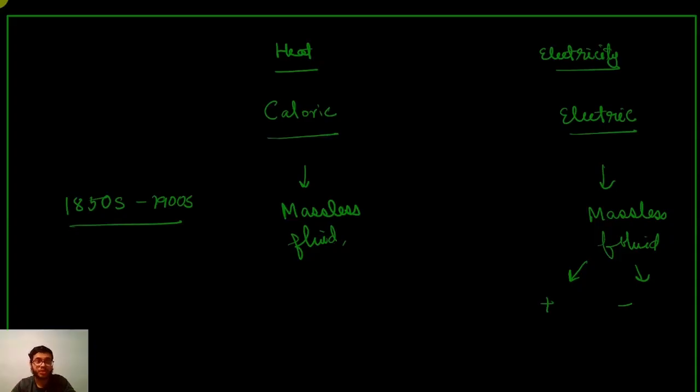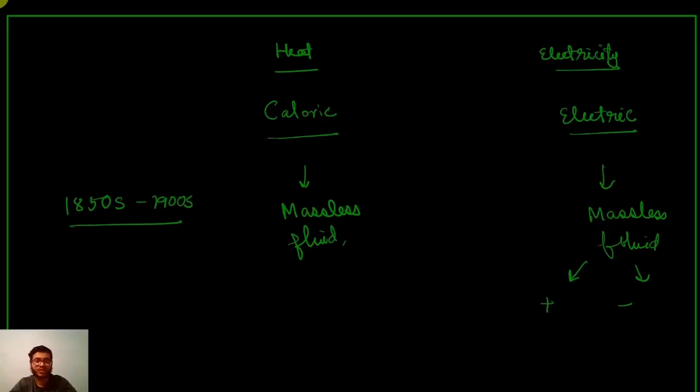So people thought it's some kind of fluid being transferred from one part to the other. It's basically a higher water level and a lower water level. They thought of electricity as a fluid which flows through the atoms, an invisible massless entity which is not inside the atom but flows through it.